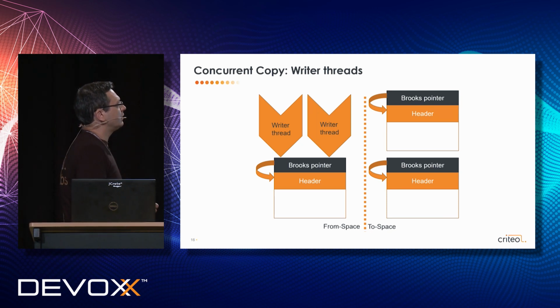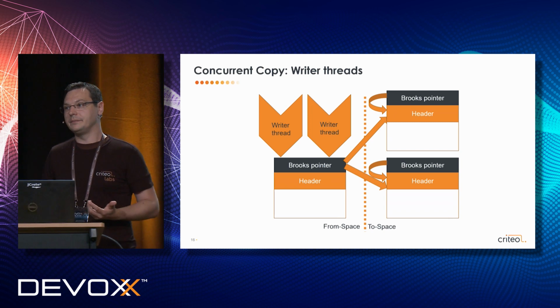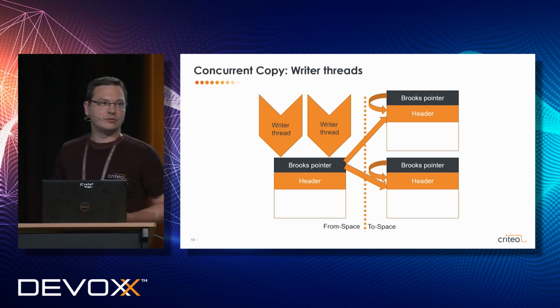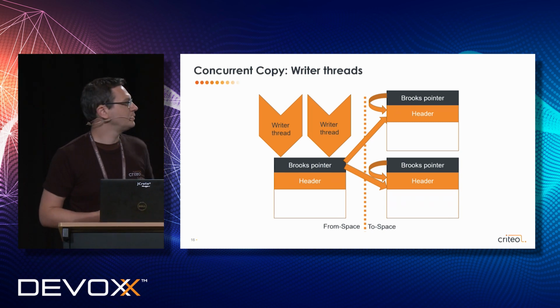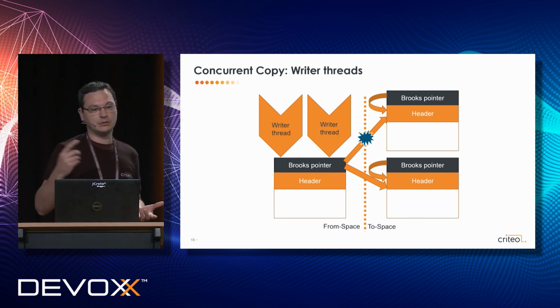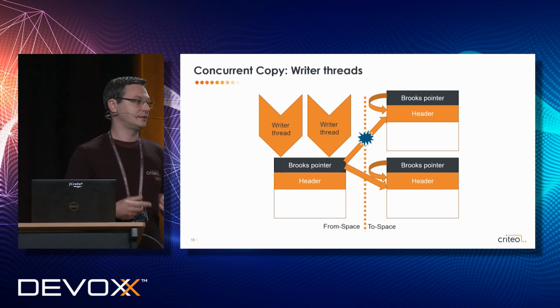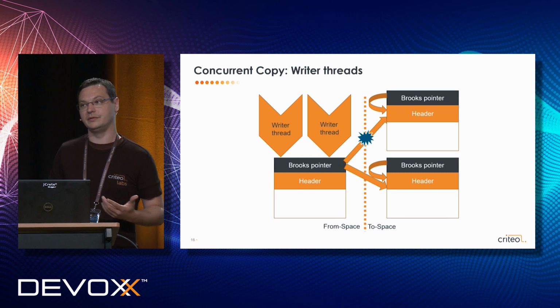And then they both try to update the Brooks pointer concurrently. They use an atomic instruction for this, a CAS, compare-and-swap instruction, and only one will win. So only one will correctly update the Brooks pointer. The other one will fail and will know that there is an issue with this operation.